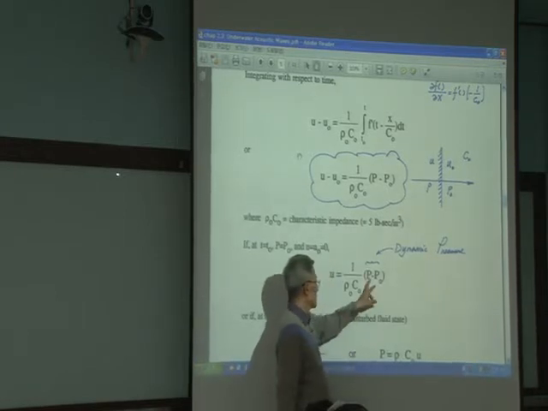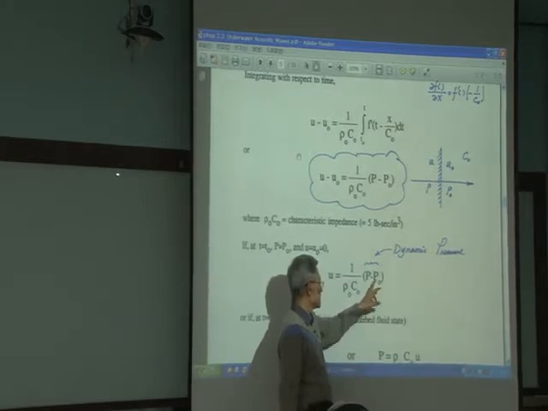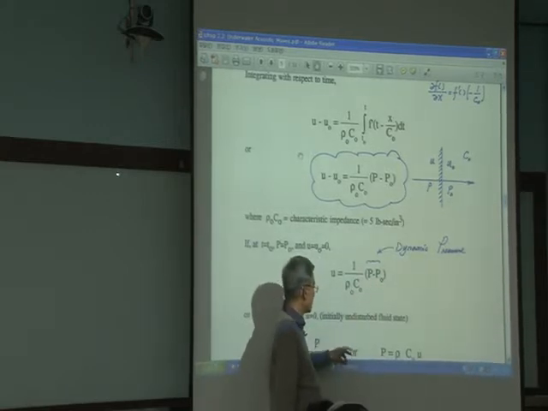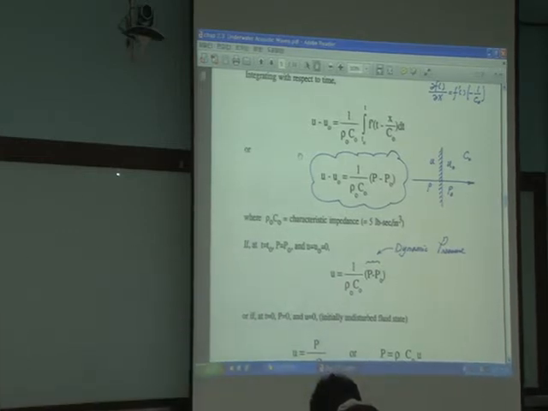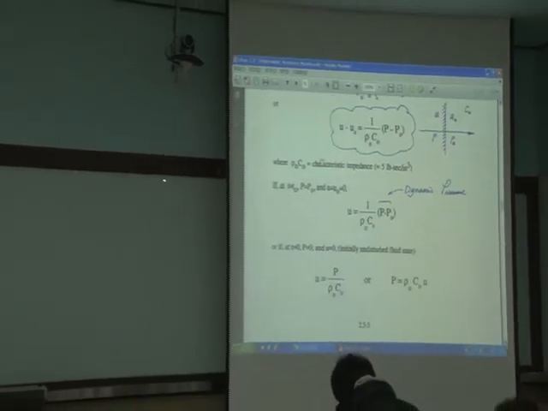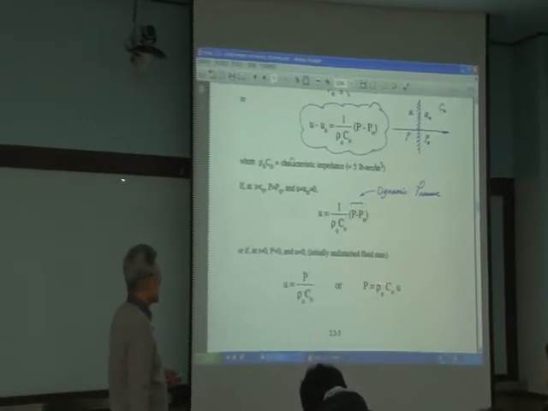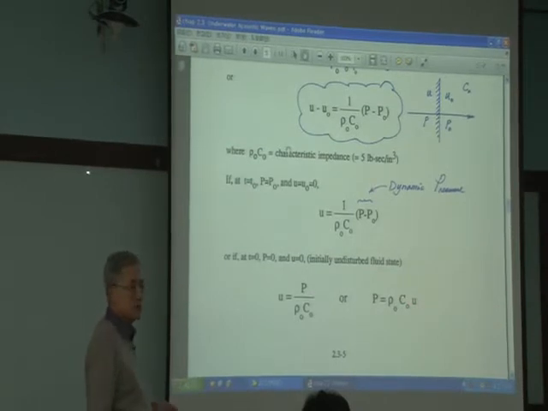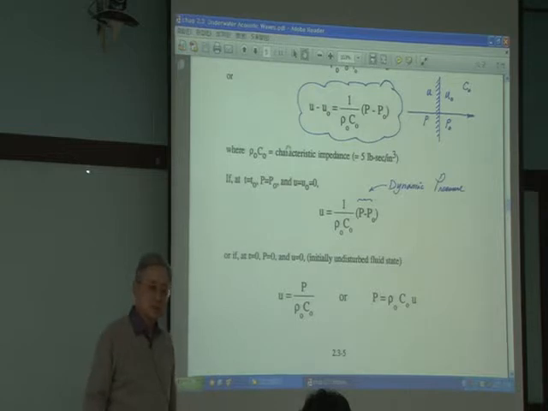So you can say P minus P naught is simply P. If you set P naught equal to 0, then you see a really nice equation: P is equal to rho C U. I talked about that on Monday morning. P is equal to rho C U.